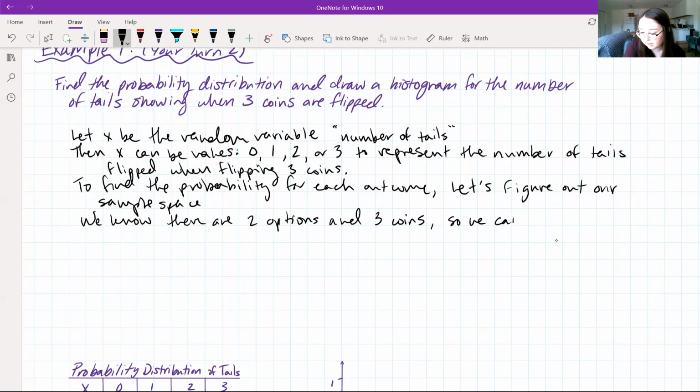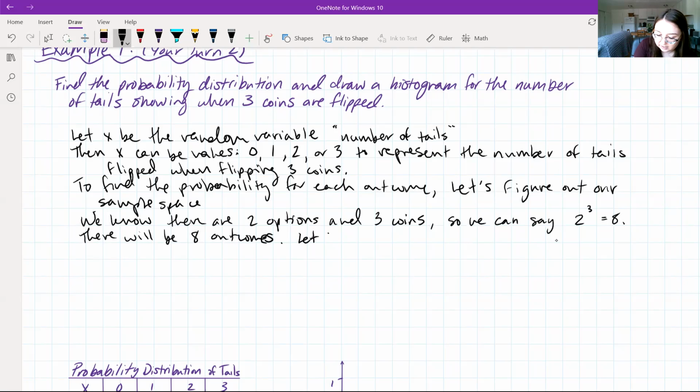So we can say 2 to the 3rd power, which we know is equal to 8. So we can say there will be 8 outcomes. Now we know there's going to be 8 outcomes, but let's find those outcomes.